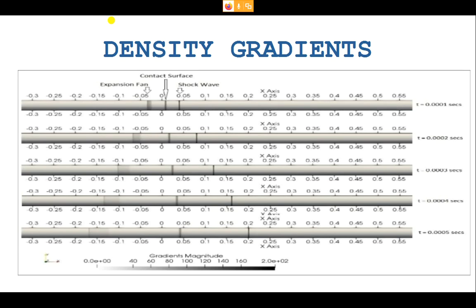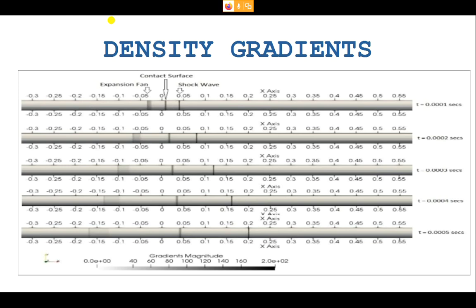So basically you see the shock tube, and you might find the contact surface, a shock wave, and an expansion fan. The shock wave is moving towards the right because that is the low pressure side, and the contact surface is the original place where the diaphragm was, which separates the molecules moving towards the shock wave from those moving towards the expansion fan.